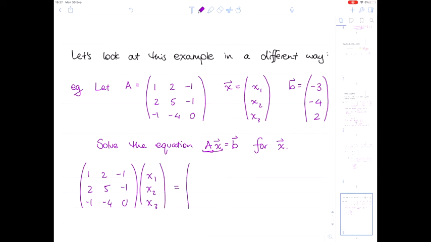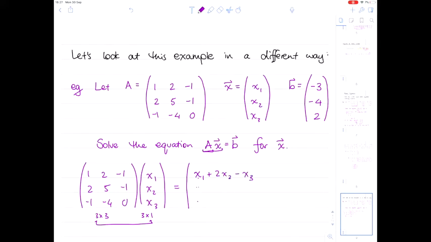what I would get would be, for my first entry, because remember this is 3 by 3 times 3 by 1, so I'm going to end up with a 3 by 1. So I'm going to have 3 entries. My first entry would be x1 plus 2x2 minus x3.